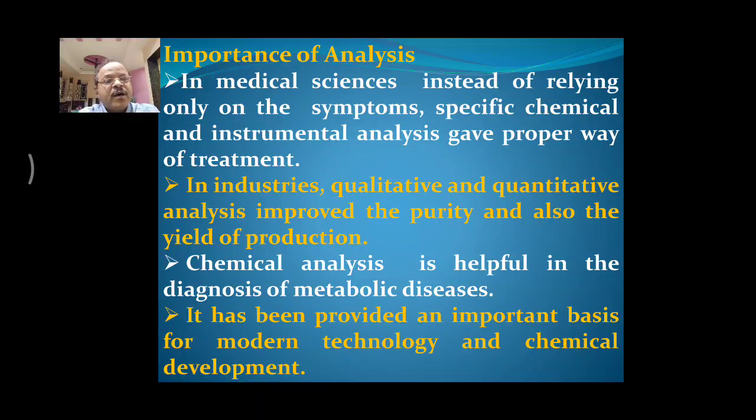Suppose we carry out research and develop a modern method which gives higher yields, then we can switch over to the new method in which we get a higher yield of that product. This is possible only when we carry out the analysis, and we bring about changes in the methods that are employed for the synthesis or production of different chemical compounds. So this is the importance of analysis.